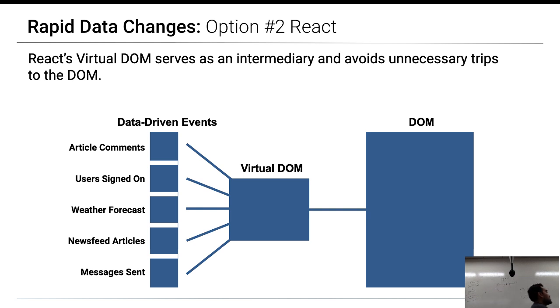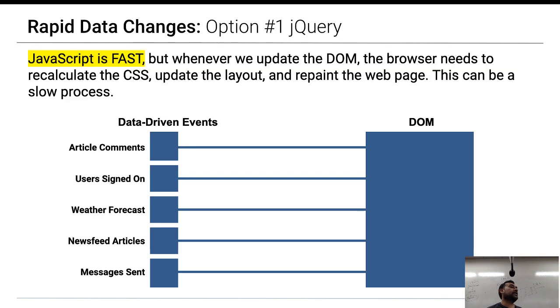Now, going back to jQuery, what happens in jQuery is when you update something, it goes ahead and updates the DOM. When you update the DOM, the whole thing gets updated, so that takes time. DOM, if you guys remember, is basically a tree data structure.